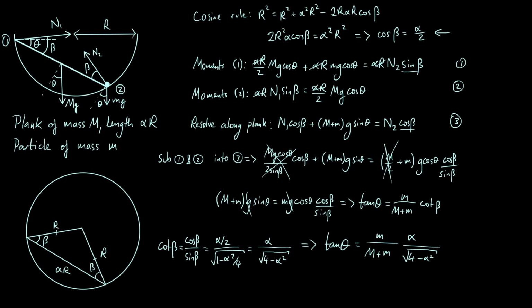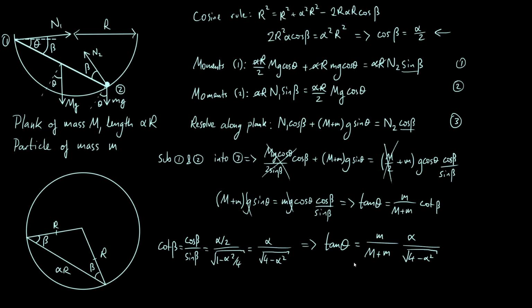So just as a way of checking our result and understanding what it means a bit more, we can consider a couple of limiting cases and see what happens to theta. So for example, if small m is much smaller than big M, or if small m goes towards 0, then because small m just appears on its own in this numerator, tan theta itself is going to go towards 0, and tan of 0 is 0, and therefore if small m is really small, then theta is close to 0.